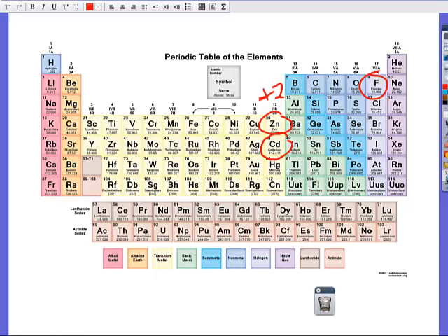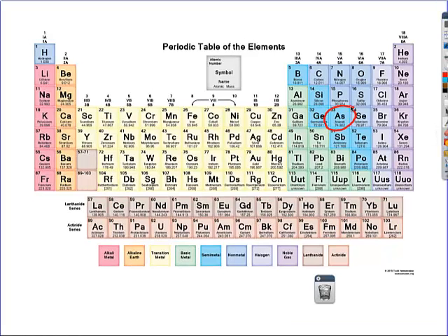AsF3. Let's see. As is here. F is here. Now this is where we're getting into a little murky water. Okay. Arsenic, we're going to say, is part of that section that's over here as a nonmetal. Since it is a nonmetal, we need to name it like a nonmetal.